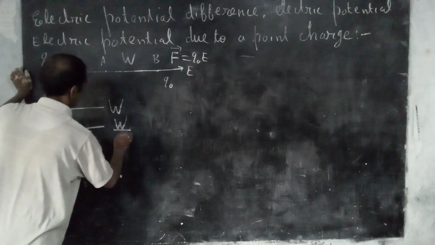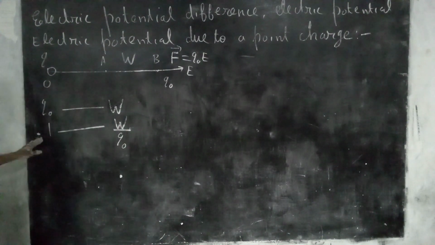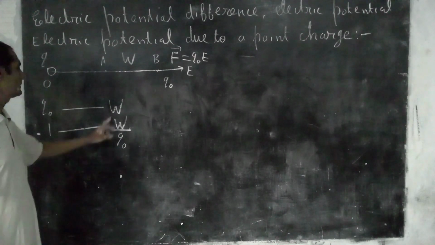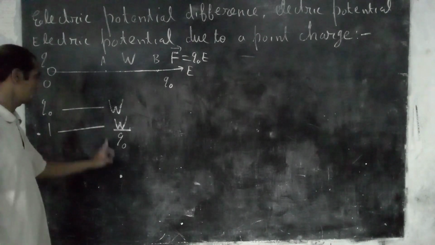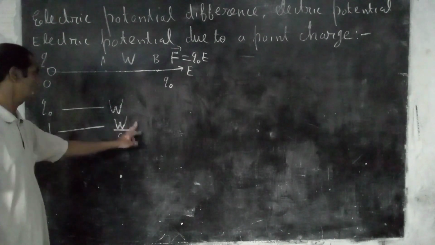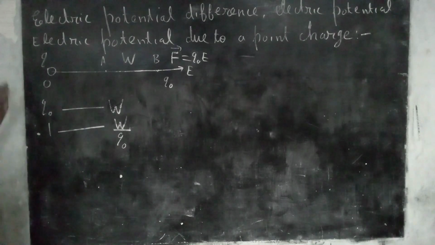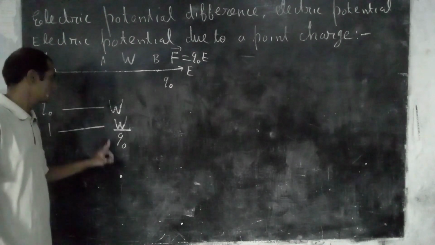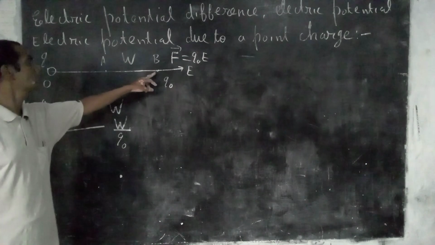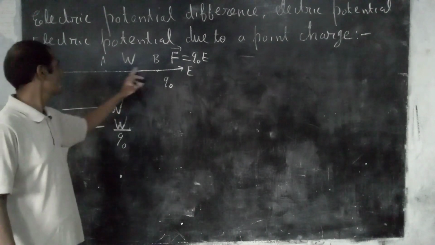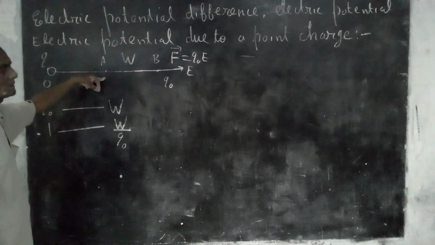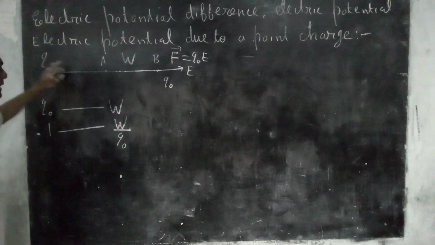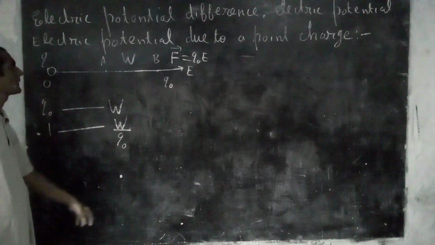This ratio is known as the electric potential difference between points B and A. The amount of work required to bring a unit positive charge from one point to another point inside the electric field is known as the electric potential difference between those two points.